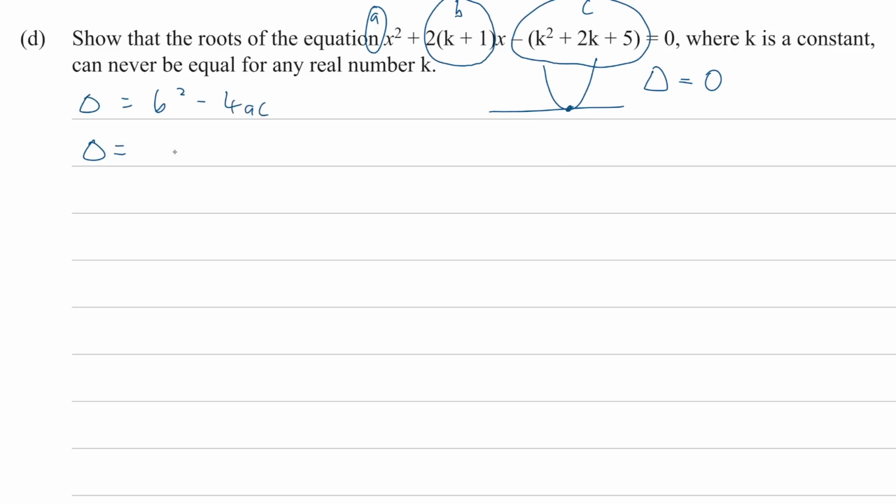So b is 2 bracket, let me just expand it out first, so 2k plus 2, right? I just distributed the 2. That's squared, so b squared minus 4 times a, which is 1, times c, which is minus, need to be careful here, minus bracket k squared plus 2k plus 5 bracket.